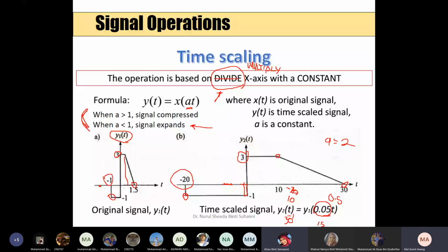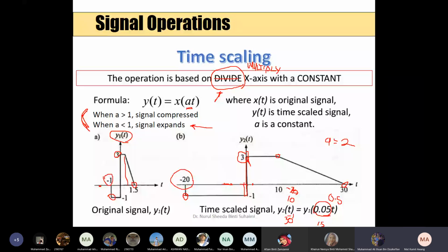Then at t equal to 0.5, 2 times 0.5 is 1. What is the value at 1? Somewhere here. So it's starting to drop somewhere here.